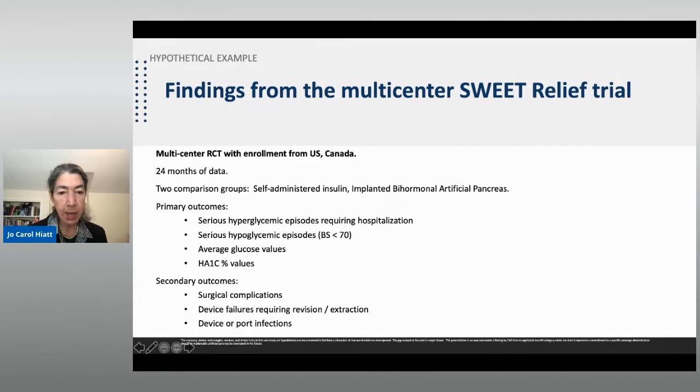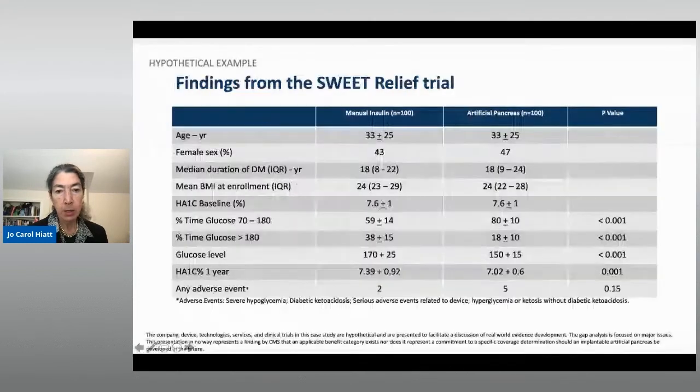And go to the next slide. Shows the data from this, where the artificial pancreas performed extremely well compared to manual insulin. The results show that the percent of time that the patients were in the ideal range was significantly improved, as well as fewer events where there was significant hyperglycemia.